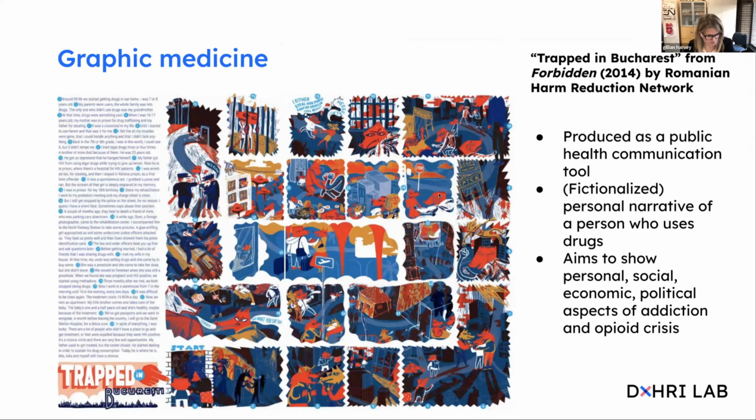This one from 2014 is also another health communication tool. It aims to show the personal, social, economic, and political aspects of addiction and the opioid crisis. So from this research and early literature review, we had determined, in addition to the interviews, that we would be using storytelling, narrative, or graphic medicine in order to mobilize the stories that we had heard in the initial interviews and co-design workshops.